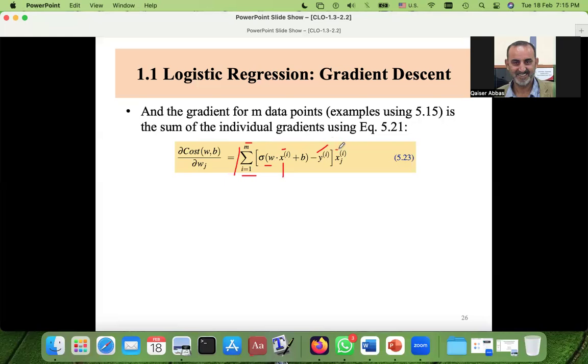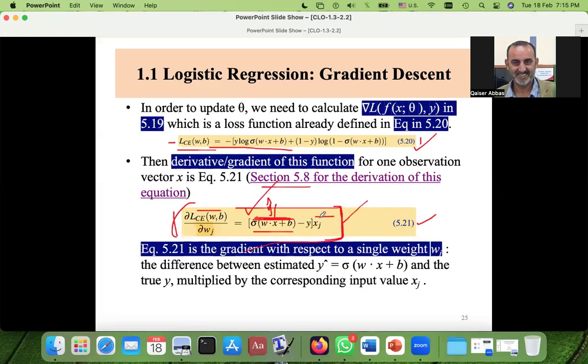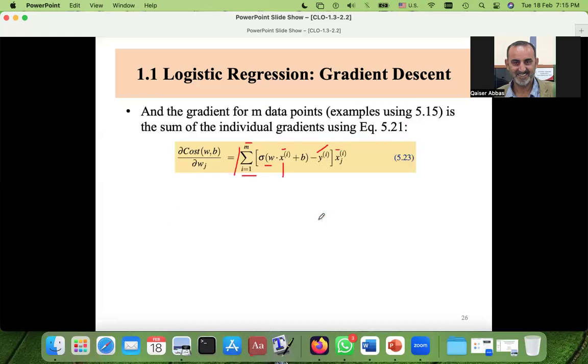And you are multiplying again with xj. This is the final equation for calculating the gradient of that loss.